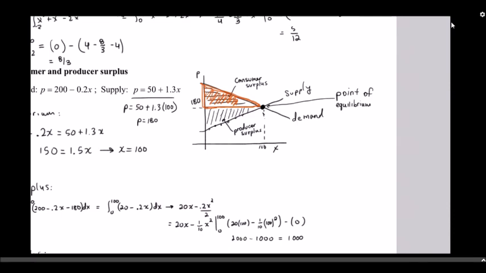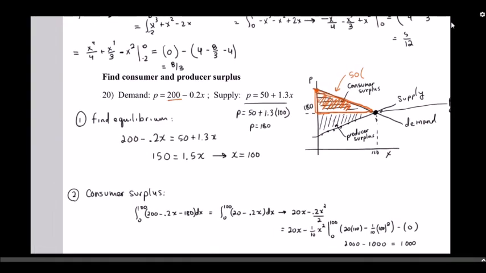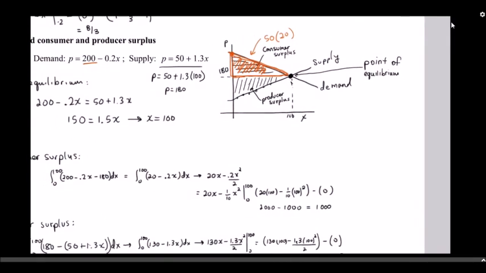The base is 100, so half of that would be 50. And then the height would be the difference between 180 and the y-intercept of the demand function. The demand function has a y-intercept of 200, so this value up here is 200. So the height there is 20. 50 times 20 is 1,000, so just by way of geometry, the area of that triangle for the consumer surplus is 1,000. Looks like that's what we got. Yep, we got 1,000 right there.